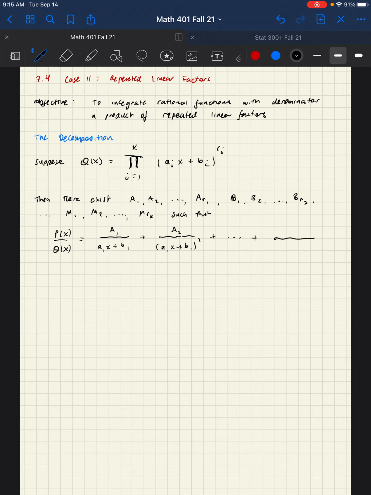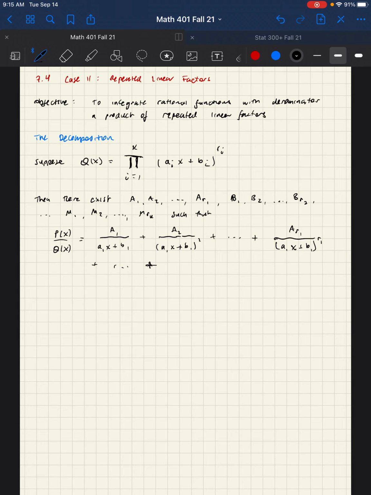Plus, and then the last one, the denominator is going to be the highest power on the same term, so the r sub 1, a sub r sub 1. And we repeat this for every distinct linear factor that appears here.